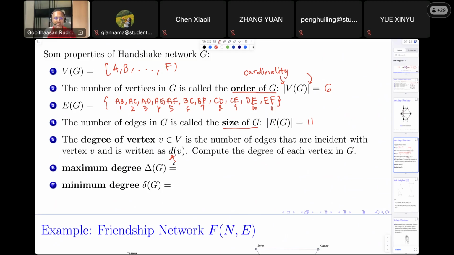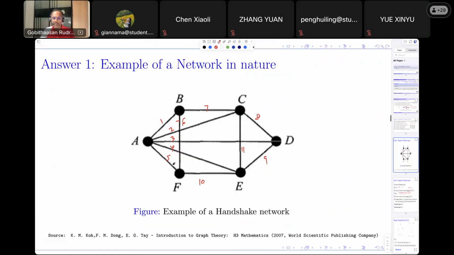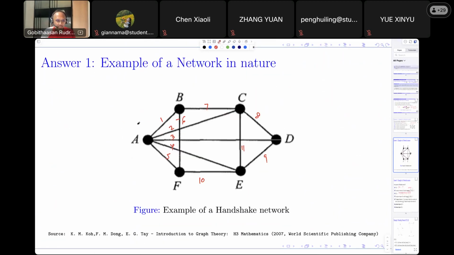D represents the degree of vertex v, right? Let's see an example. What is the degree of A? So the notation would be, of course, d(A), right? The degree of A is 1, 2, 3, 4, 5. So 5, right?